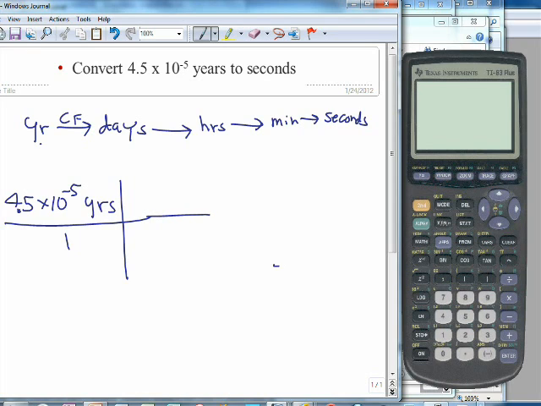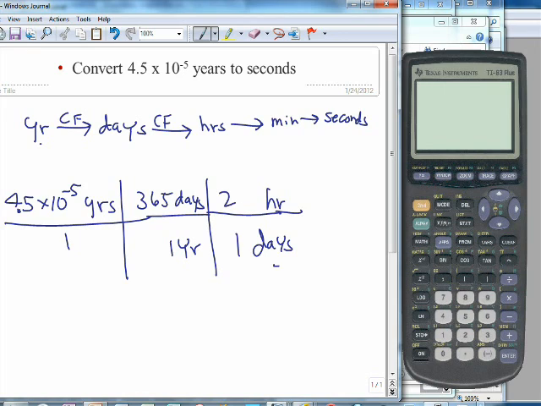We all know that in 1 year there are 365 days. Then we go from days to hours. Days on the bottom, so it cancels out. Hours, what we want here. In 1 day, there are, of course, 24 hours. Then from hours to minutes, 60 minutes in 1 hour.